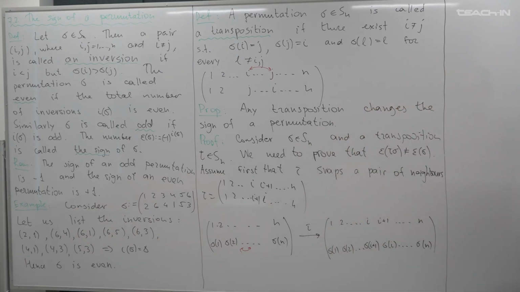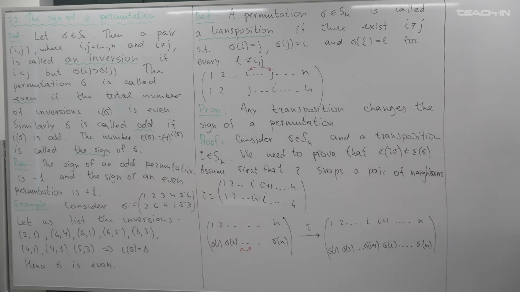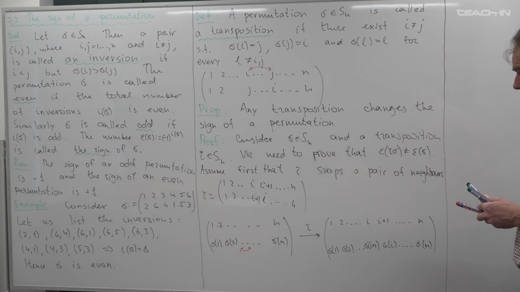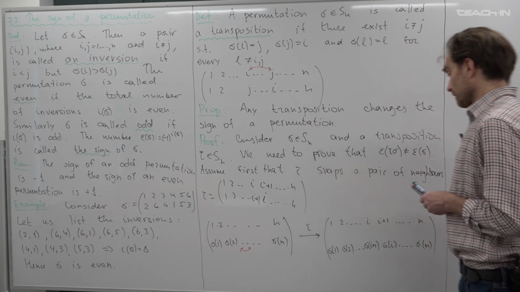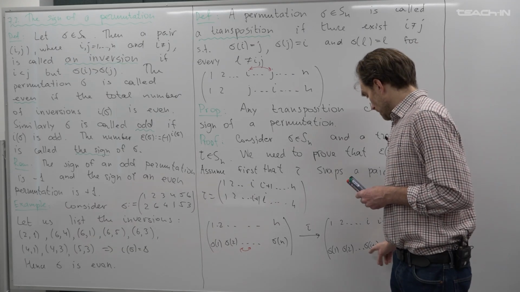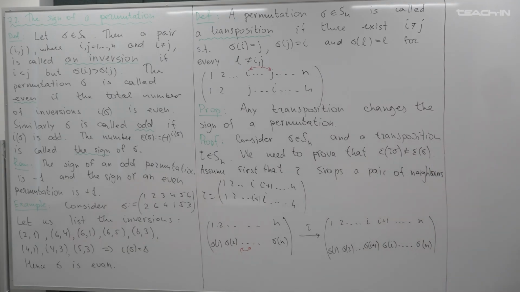Okay, and what about the number of inversions here? Let us compare the number of inversions here and here. The only change of order is between the elements sigma of i and sigma of i plus 1. So the number of inversions either decreases by 1 or increases by 1, depending on whether this element is greater than this element or not, because all other pairs remain in inversion or remain not in inversion.